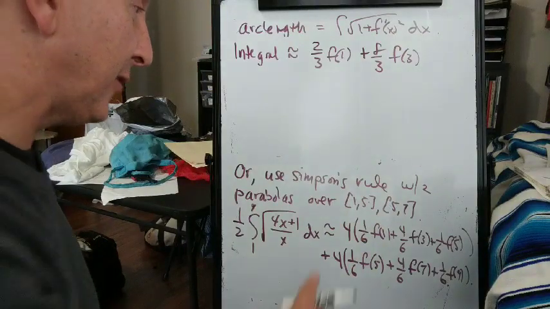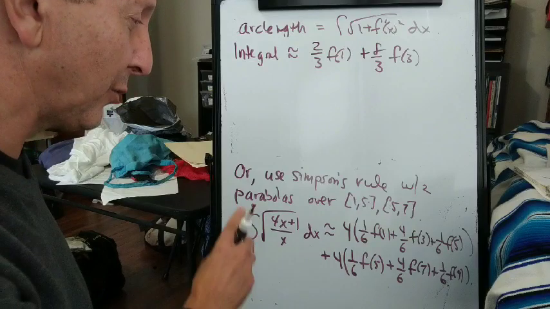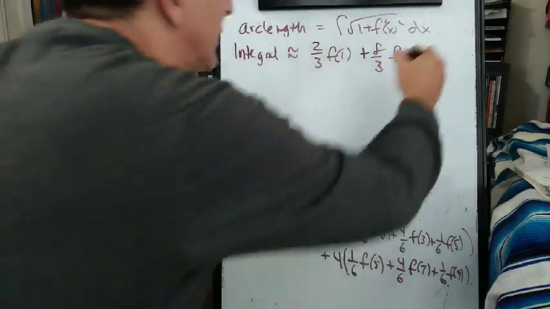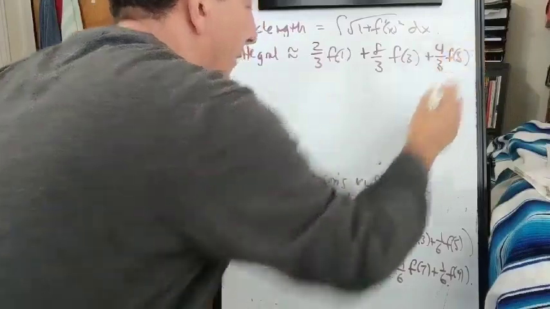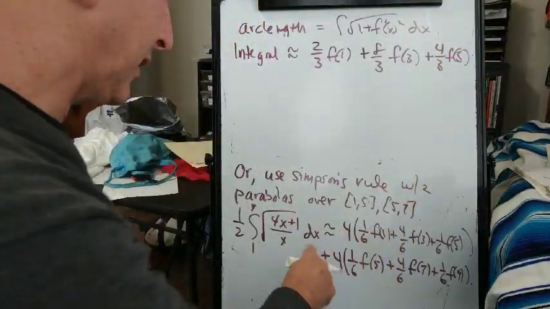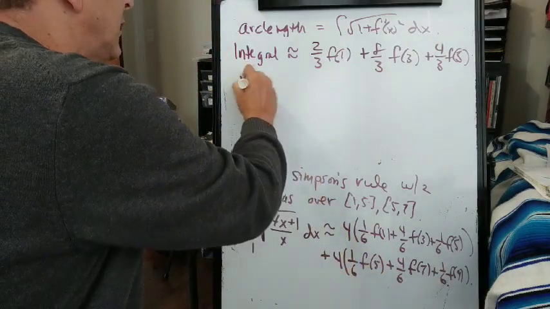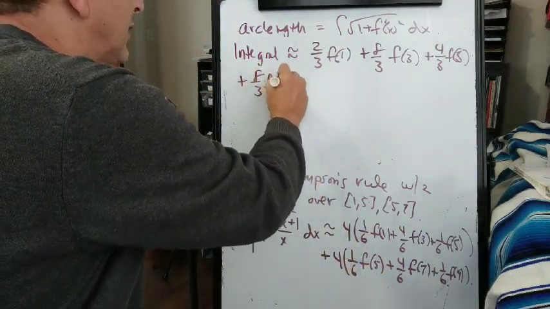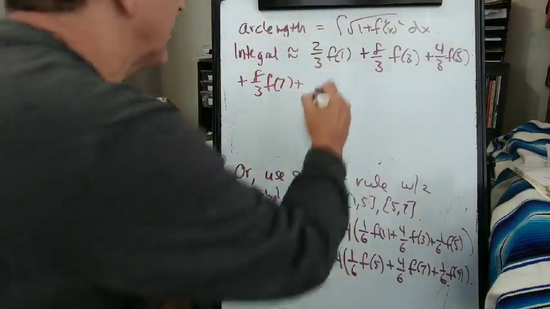And then we've got 4/6 f of 5 plus 4/6 f of 5, which I guess is 4/3 f of 5. Plus 16/6, which is 8/3 f of 7, plus 4/6, which is 2/3 f of 9.